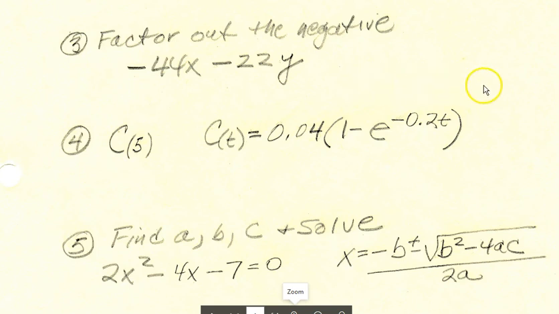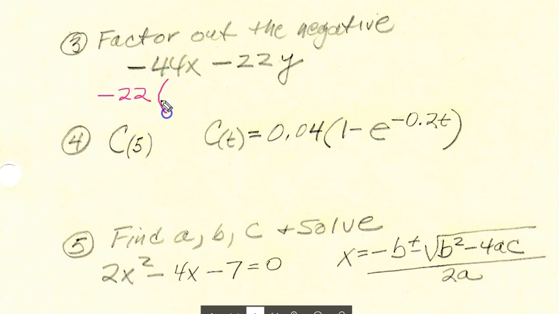So as we look at this, I see a negative 44, negative 22. Now we know we can take a 2 out. We can also take a 4, no. But studying it, actually we could take a negative 22 out. 22 is the common factor.